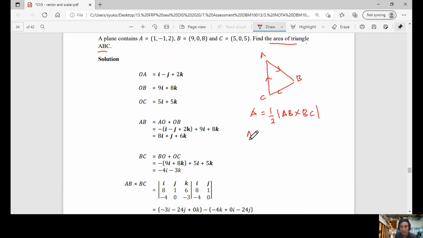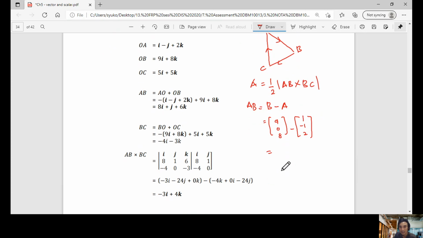So I will show you guys AB equals to B minus A. So I just use the coordinate, which is 9, 0 and 8 for coordinate B, minus with 1, -1, 2. Okay, you guys can write in form of matrix or in form of coordinate. Okay, terpulang.